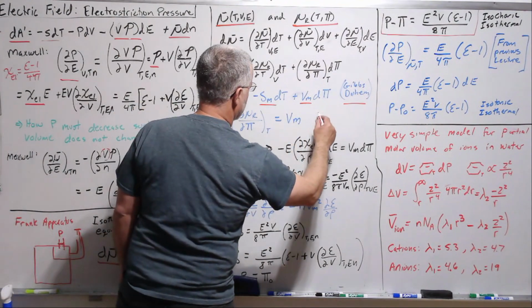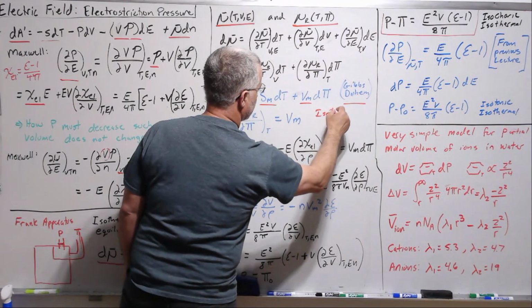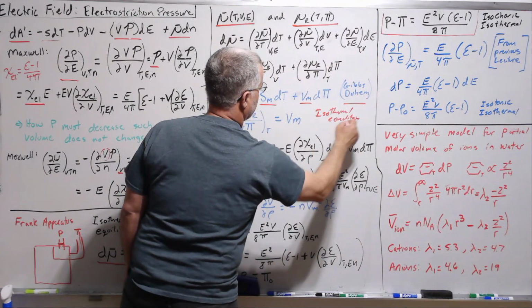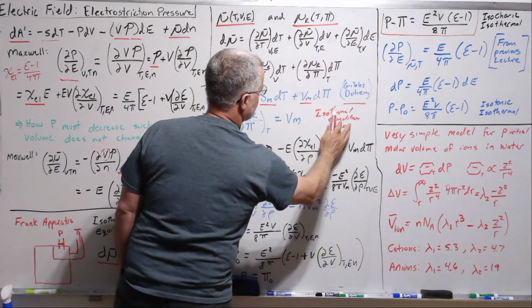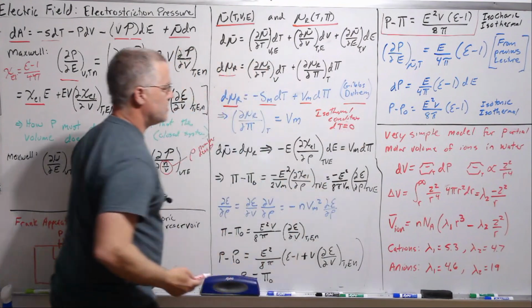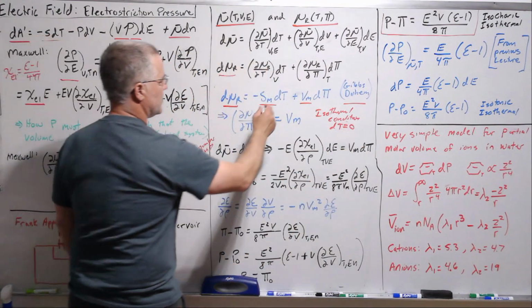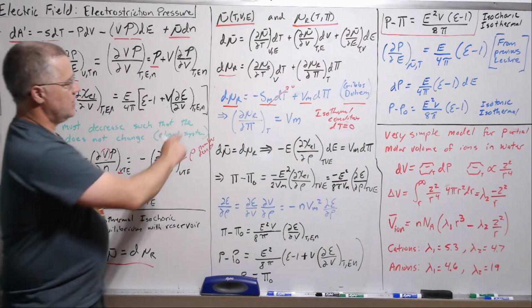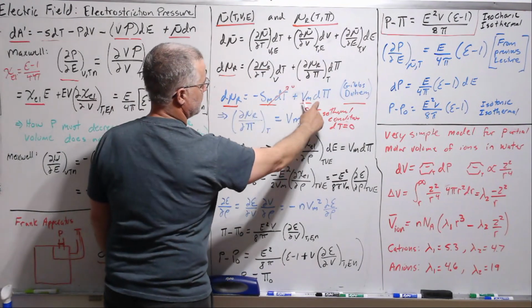So under isothermal conditions, dT equals 0, so this term will go away. And then we have d mu equals V_m d pi.